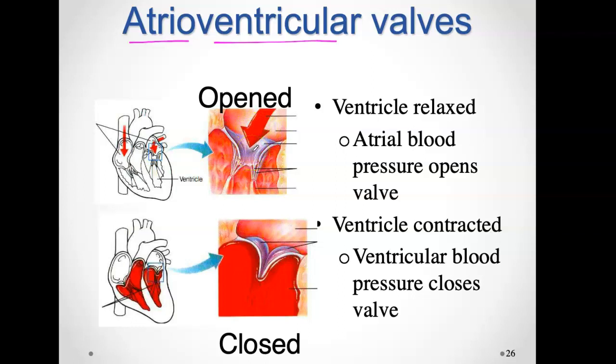If you relax the ventricle, blood is coming in through the atria down into the ventricle. So the pressure of this blood here is going to open the valve, and blood is going to trickle down into the ventricle. So atrial blood pressure opens these valves.